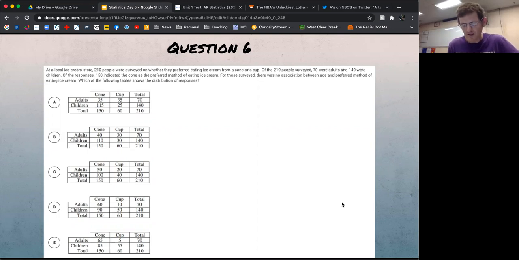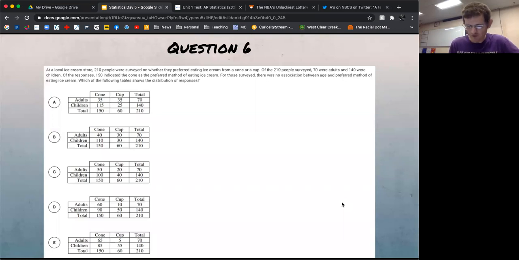Independence means that whether you are in one category or another, it doesn't determine how you feel about the other category. In this one, a survey was taken of 210 people at an ice cream store, and 70 were adults, 140 were children, 150 indicated cone as a preferred method of eating ice cream, and there was no association between age and preferred method of eating ice cream.